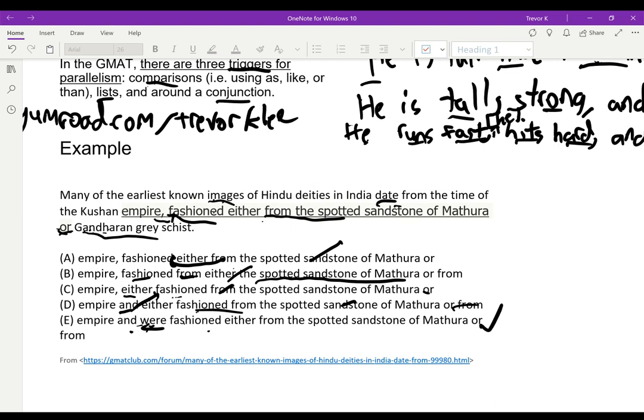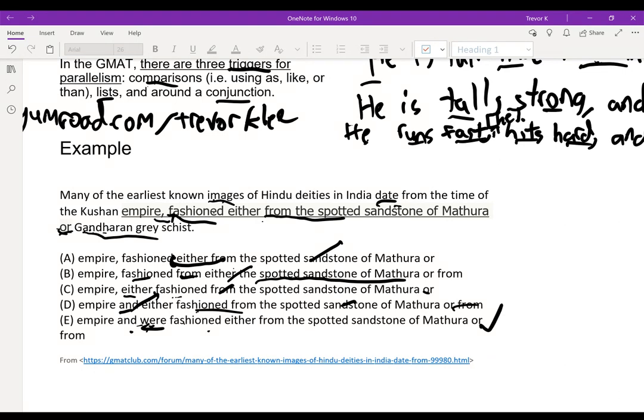One thing you should note here is English is a really dumb language, right? Fashioned looks like it's a verb. Here it's not a verb. It's actually a passive participle, right? Which is why I can say something like the boy, let's say, carried by his dad, fell asleep immediately, right?